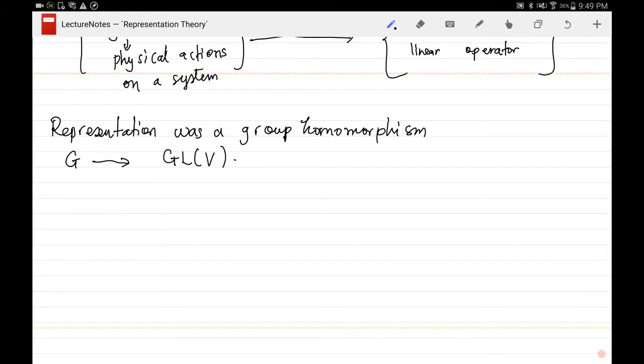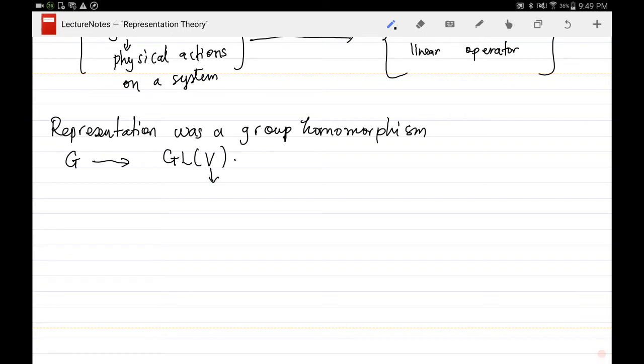Now let me repeat what I said earlier in the second video but did not emphasize, which is that you will often hear, see, read mathematicians and physicists sometimes, in fact a lot of times, call this vector space here also the representation.